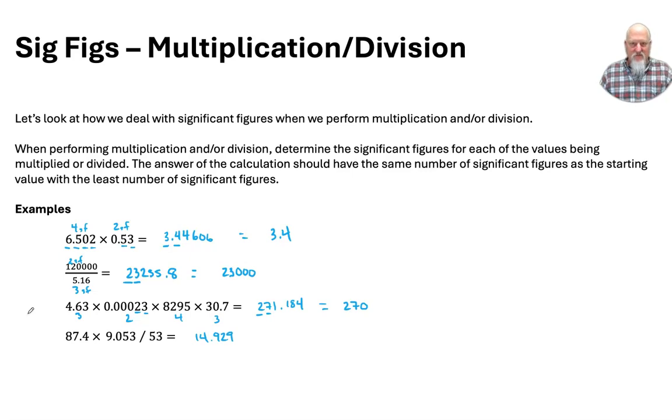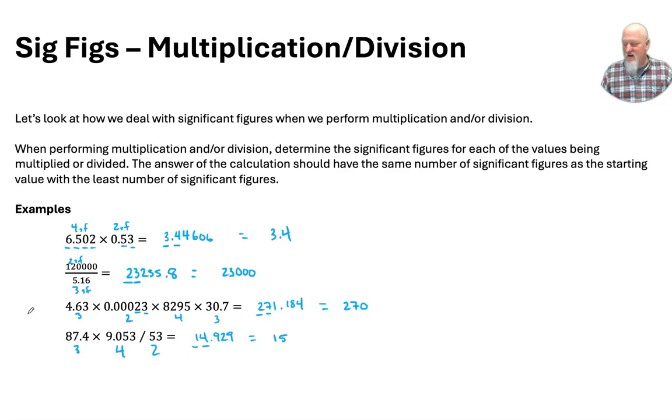Look at the significant figures in our initial numbers: 3 for 87.4, 4 for 9.053, and 2 for 53. So my answer should have 2. The number after the 4 is a 9, so we're going to round that 4 up to 5. So my answer would be 15.